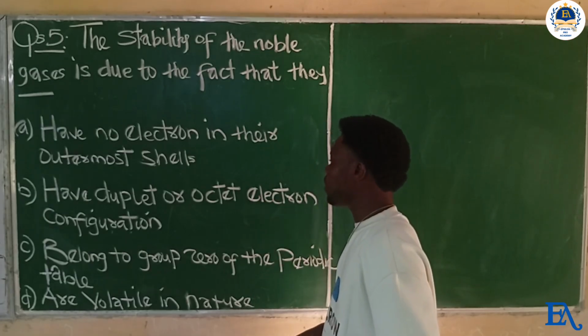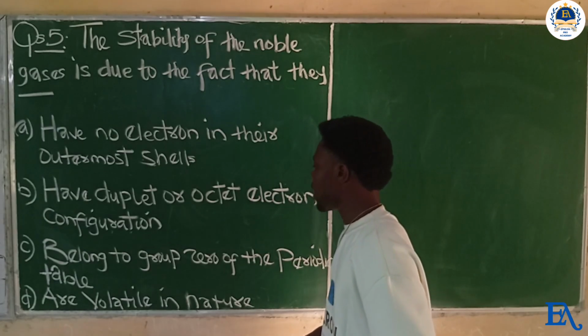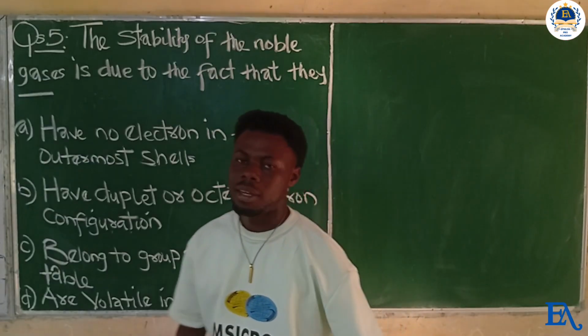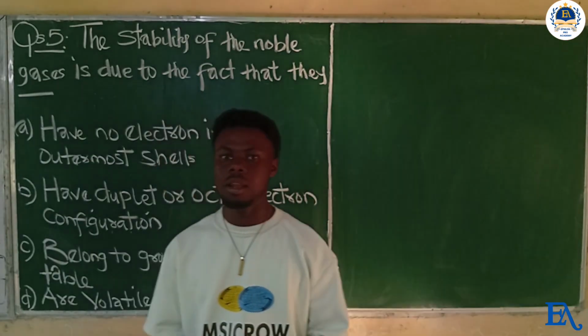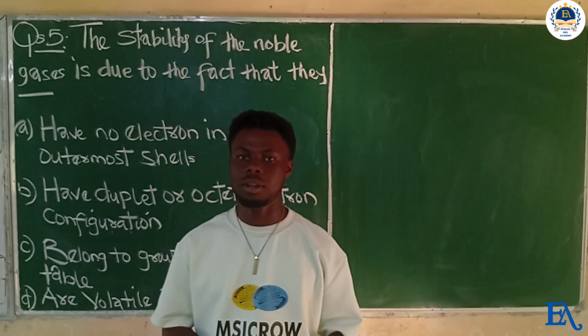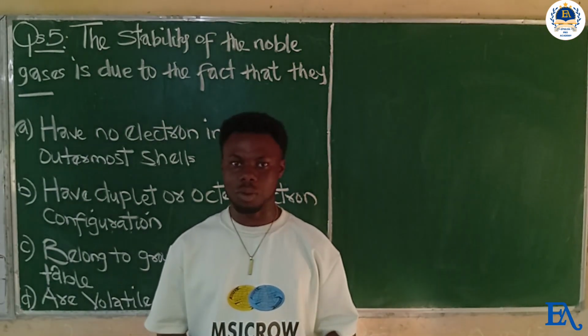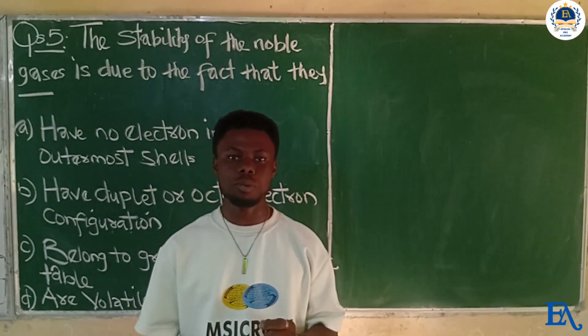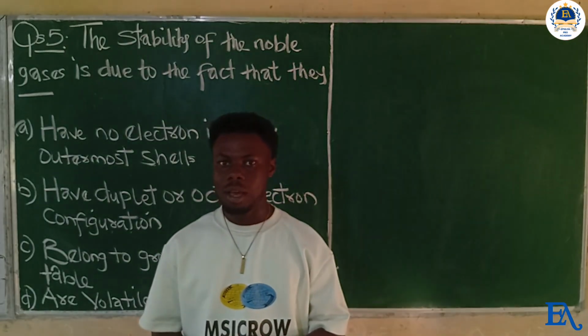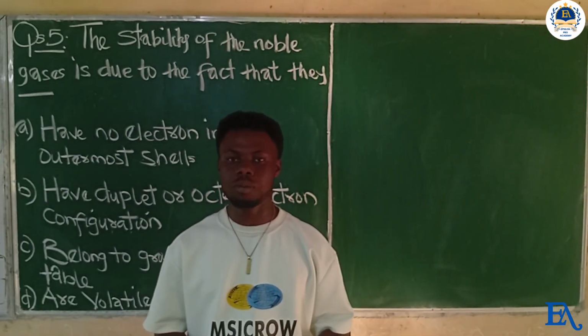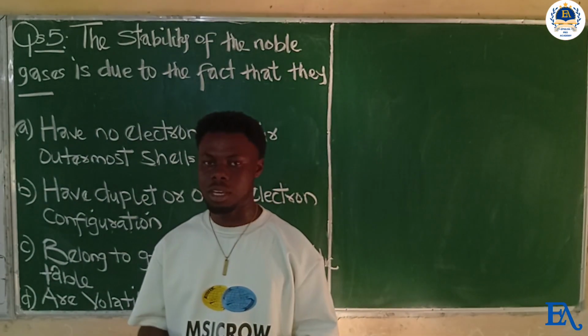Option B, have duplet or octet electron configuration. That is the right option. The helium element, helium has 2 electrons in the K shell, which is the complete electron. The K shell has the maximum number of 2 electrons, while other shells have the maximum number of 8 electrons each.